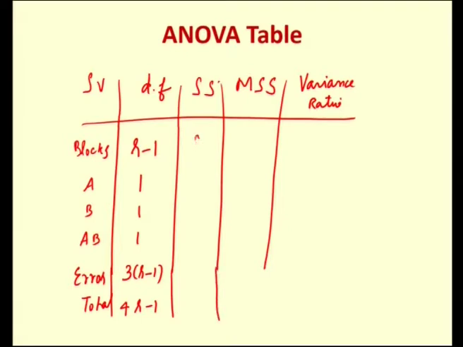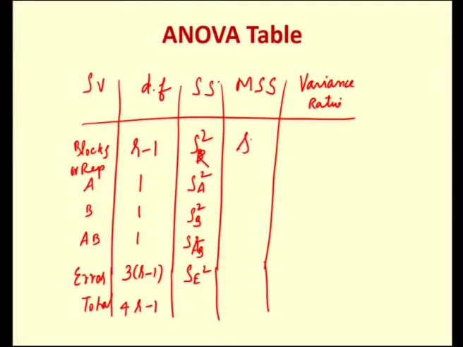And sum of squares we denote by capital SA squared, capital SB squared, capital SAB squared, and for blocks or replicates it is SR squared, and error SE squared. Mean sum of squares is obtained by dividing the sum of squares by its respective degrees of freedom.